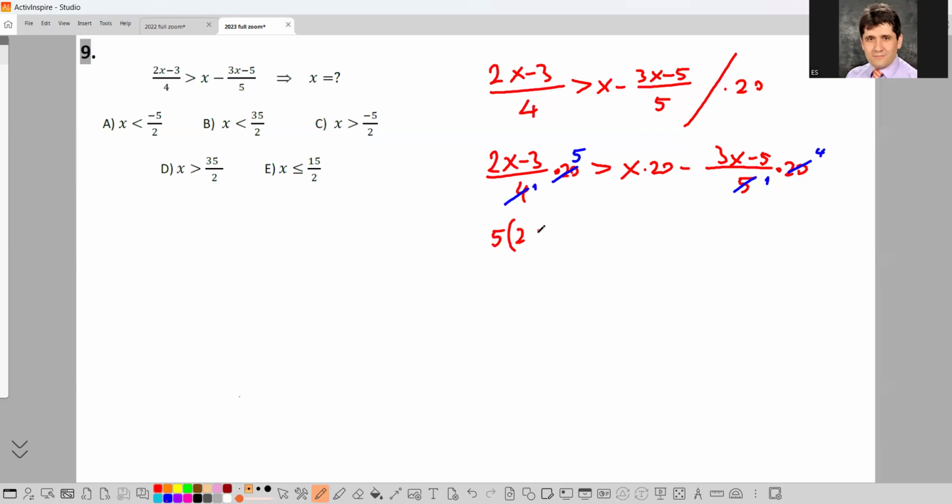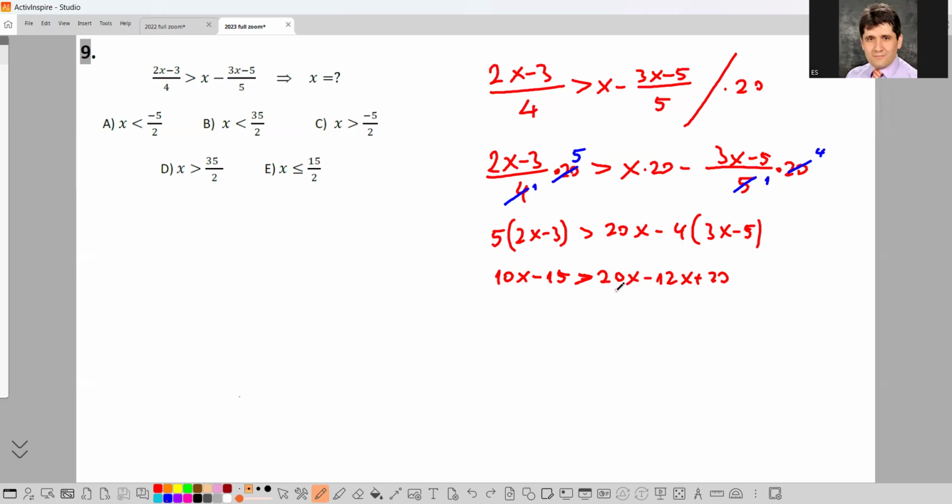So 5 times (2x - 3) is greater than 20x - 4 times (3x - 5). Next step would be to get rid of these brackets: 10x - 15 is greater than 20x - 12x + 20. Don't forget why it's positive, because negative 4 times negative 5 makes positive 20.